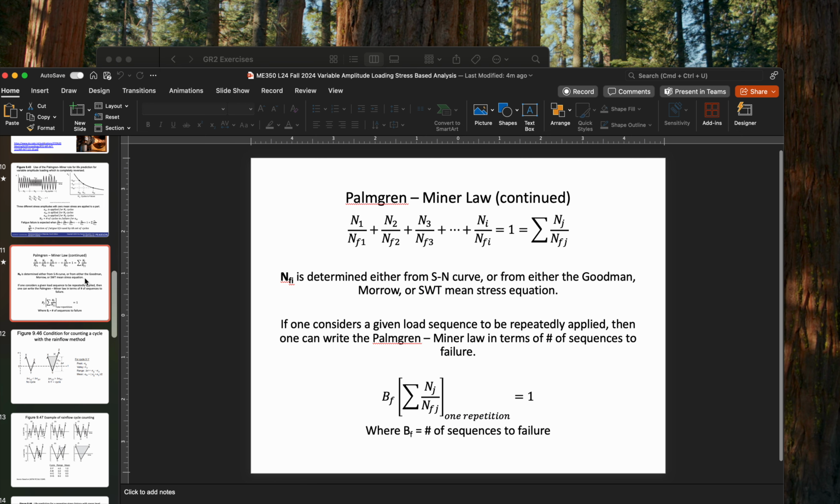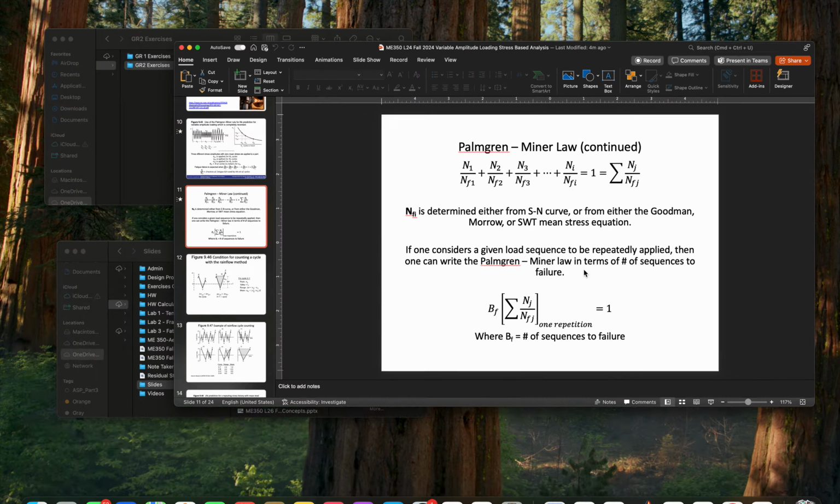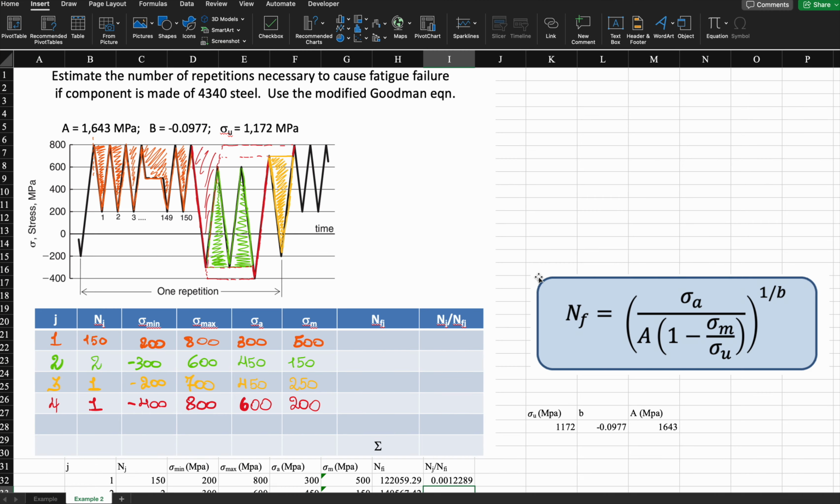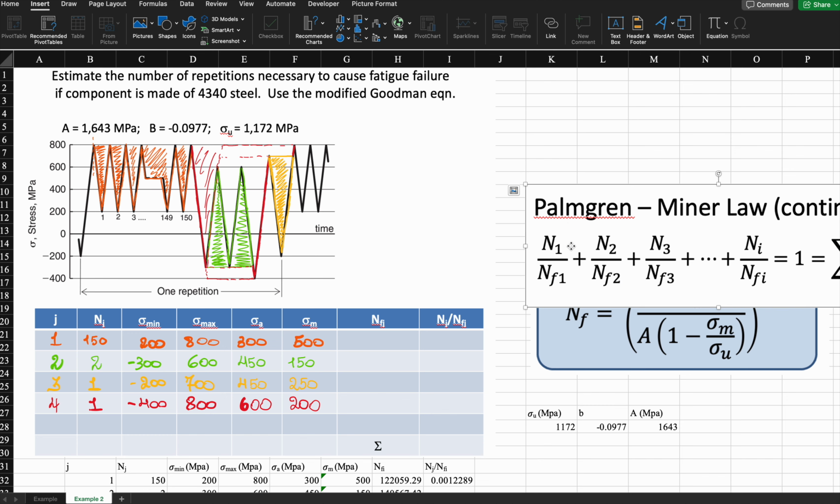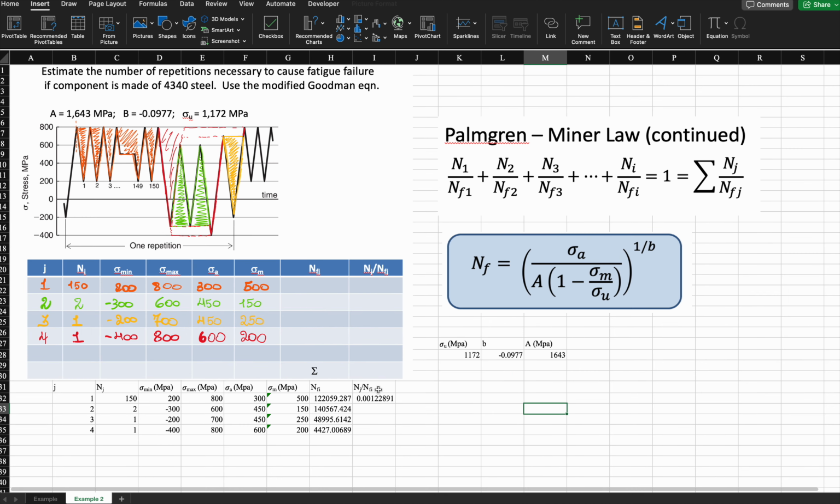Maybe I just want to show it to you right here, so that you know what we're doing. If you want to reference it right here. And so we're calculating all these ratios. So we did the first one, we'll do the other ones, and then what we want to do is we want to sum them all up.